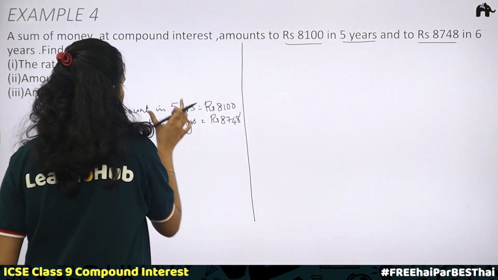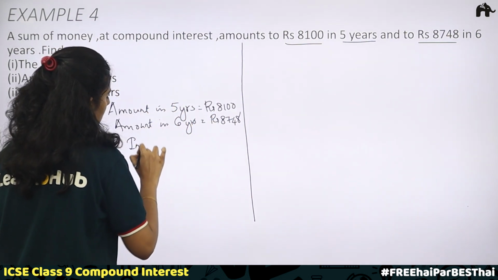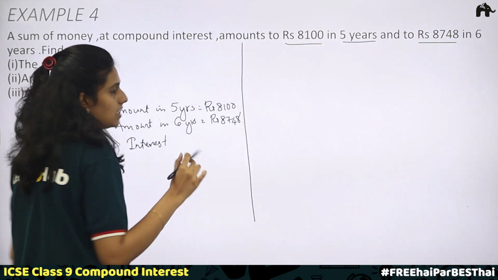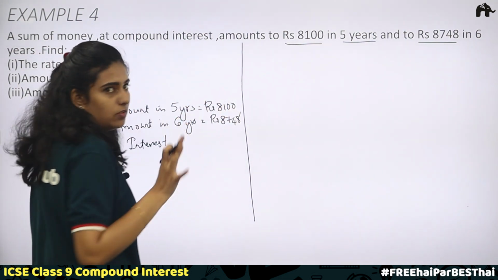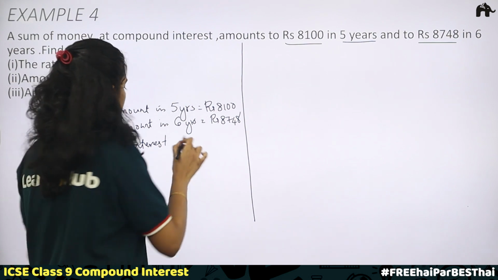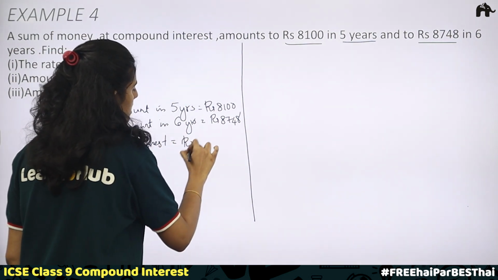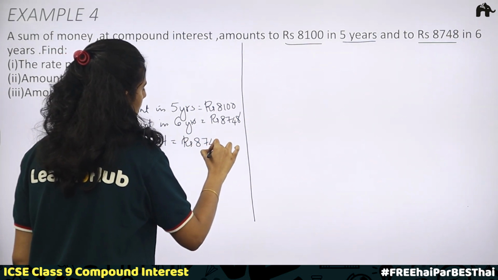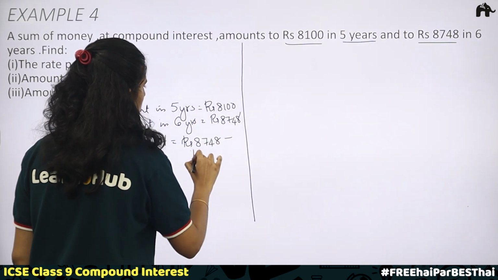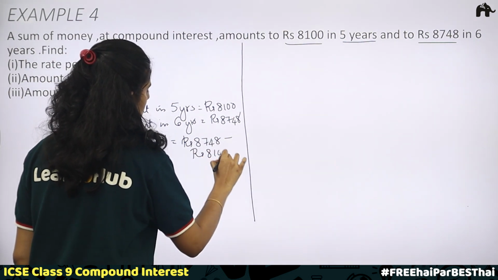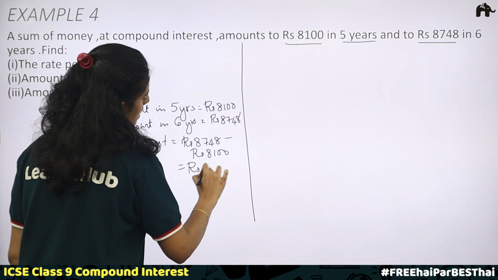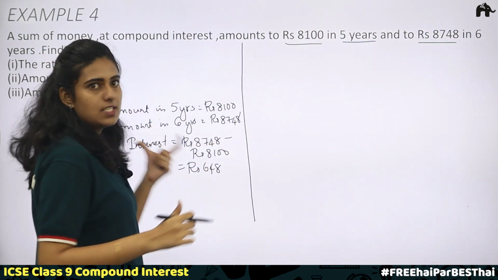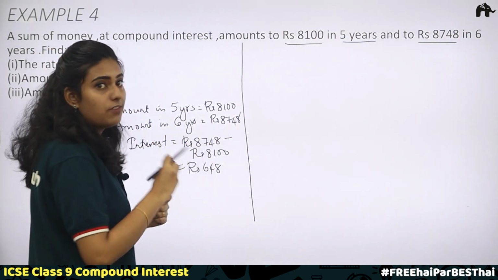Then we can find the interest. How to find the interest? Just take the difference of the amounts in two consecutive years, the 5th year and the 6th year. That is rupees 8,748 minus rupees 8,100. You will get rupees 648. So this is the interest. Once you get the interest, you can find the rate percentage.